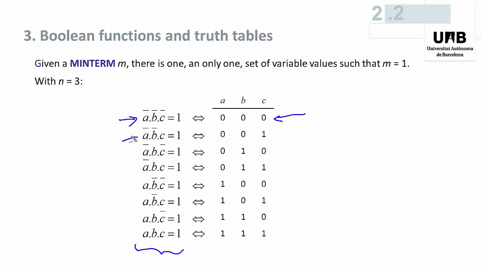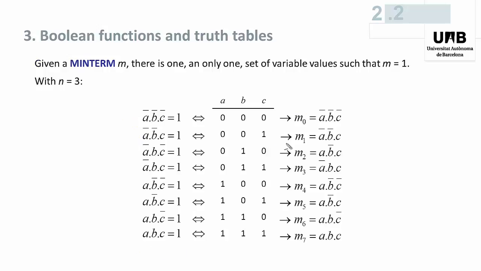The second one is equal to 1 if and only if ABC is equal to 0, 0, 1, and so on. So to each minterm, and we will call them M0, M1, and so on up to M7, corresponds one value combination of A, B, and C, such that the corresponding minterm is equal to 1.